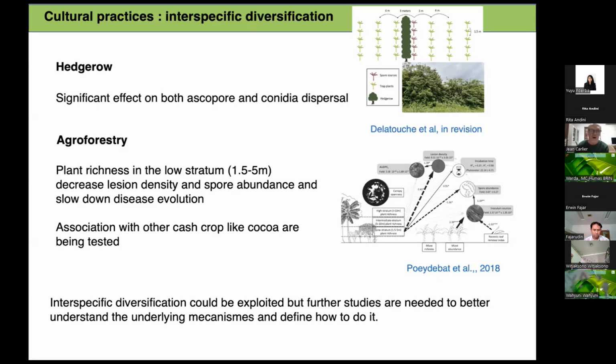So association with other cash crops like cocoa are being tested. But these first results suggest that interspecific diversification could be exploited. But further studies are needed to better understand the underlying mechanisms and to define how to do it in commercial plantations.